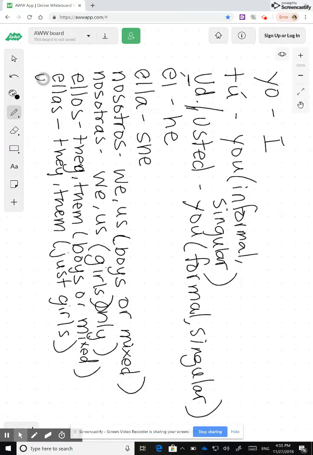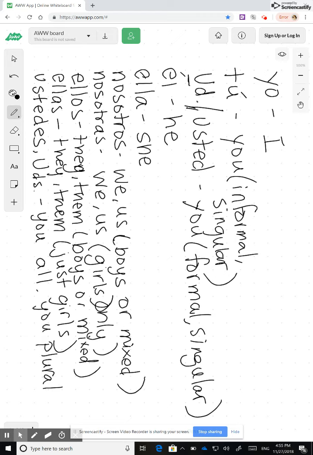And then our last one is going to be ustedes. Or we can abbreviate this, Uds. And that is you all, or you can say you plural. So these are our subject pronouns in Spanish.